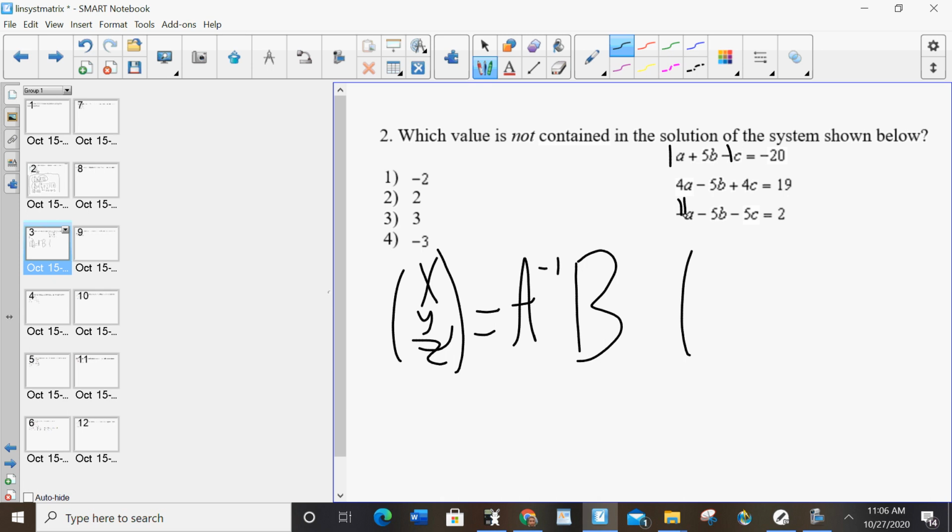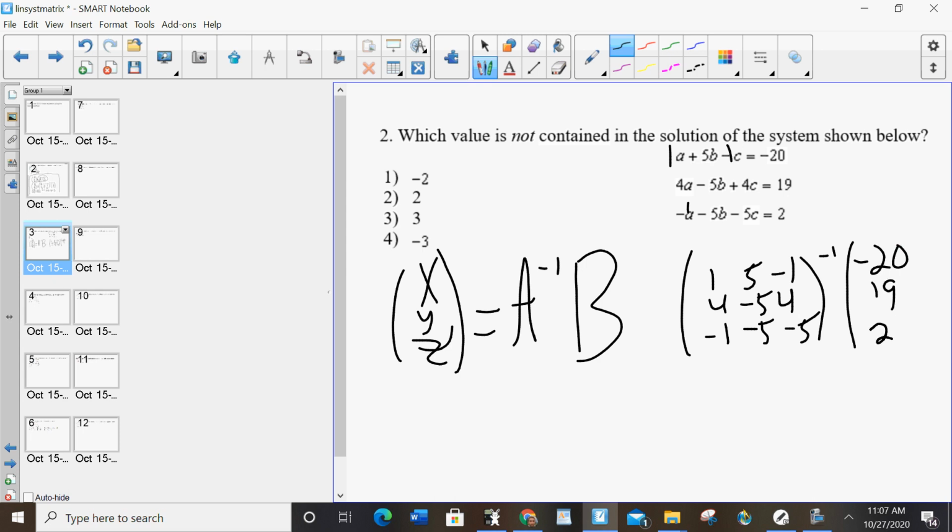I don't know why I feel like everything's very small. So we got 1, 5, -1, 4, -5, 4, -1, -5, -5. Inverse. B is the right-hand side of the equation.